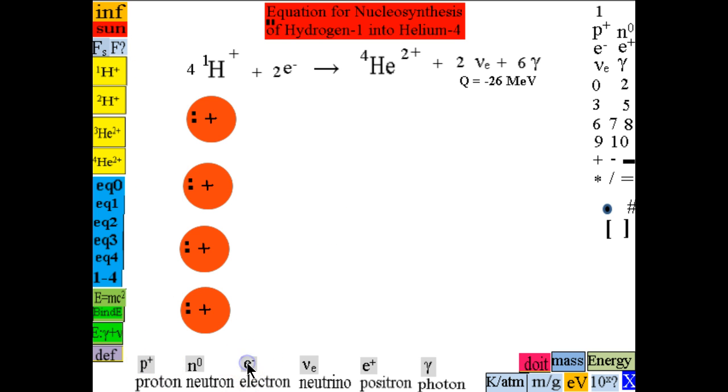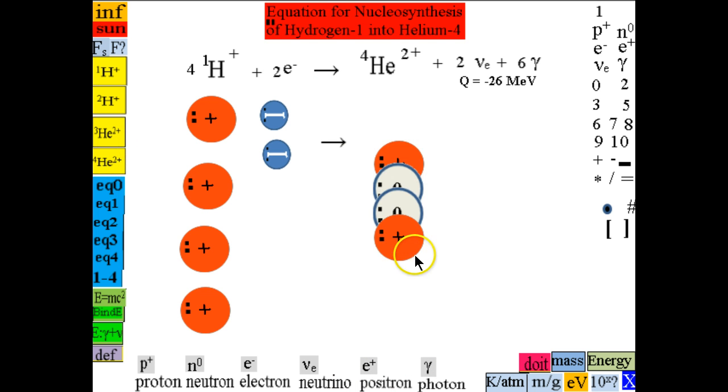We need 2 electrons and that gets us helium 4. This is a nucleus that has 2 protons and 2 neutrons. In addition, we get 2 neutrinos and a total of 6 photons.